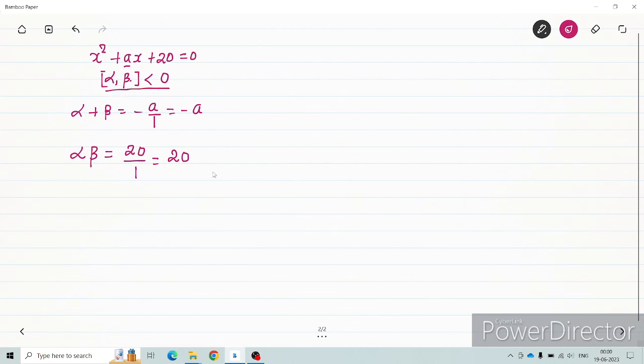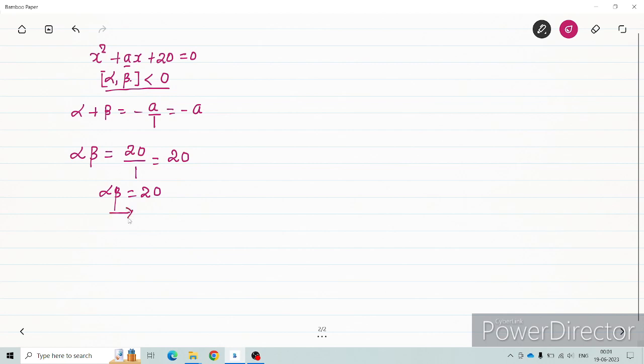Now let us look at alpha beta = 20. We have to find the combinations of alpha and beta such that their product is 20. So what combinations are possible?